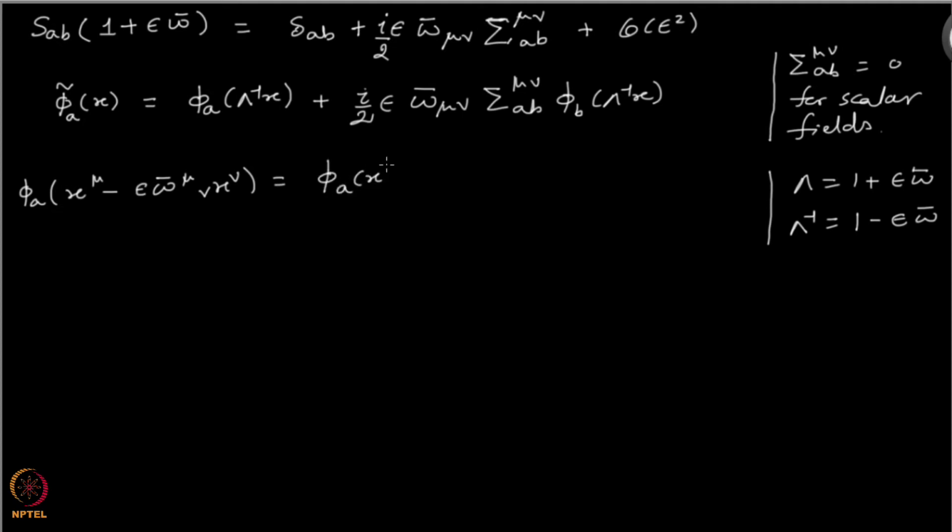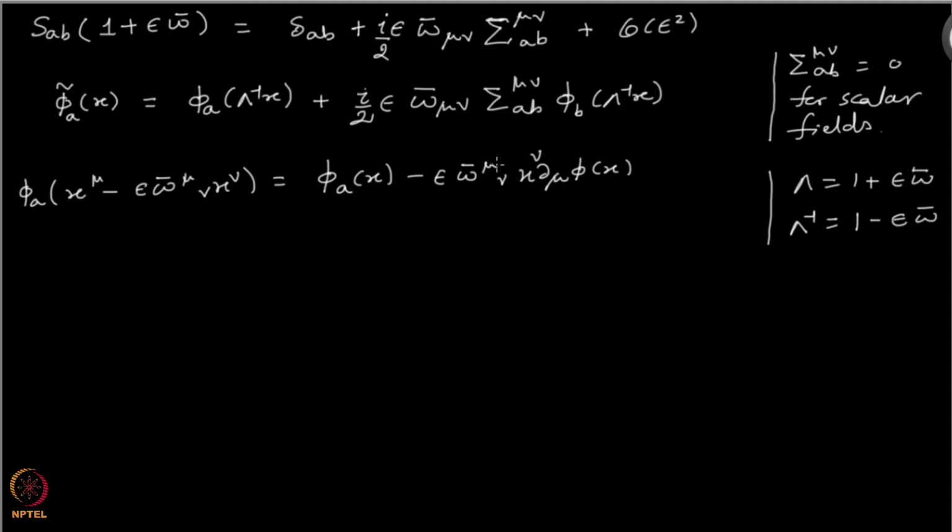So, phi a of x, here I have just put the indices, I could have dropped the indices also, but to make it explicit I did that. So, minus the change in the derivative of the field at point x times the change, and the change is minus epsilon omega bar mu nu x nu. So, that is what I put. Okay, let us see whether everything is correct.